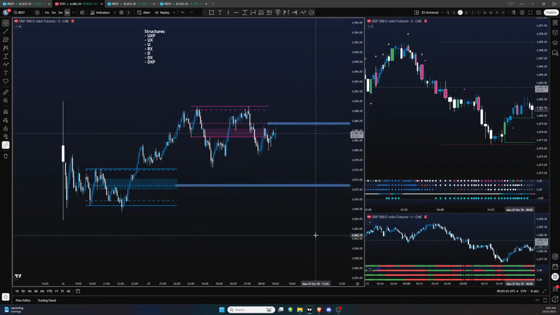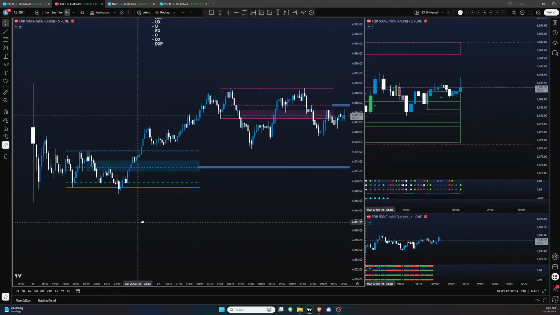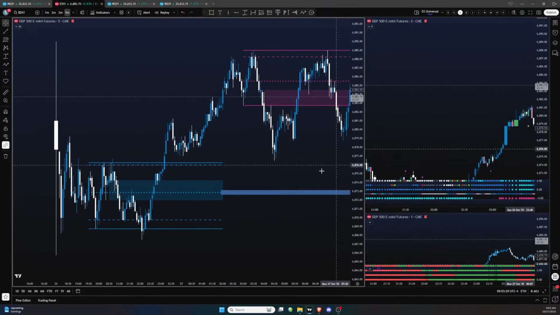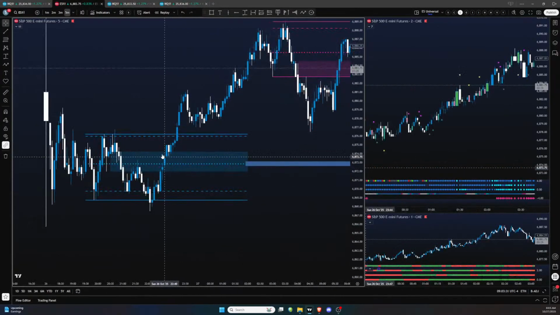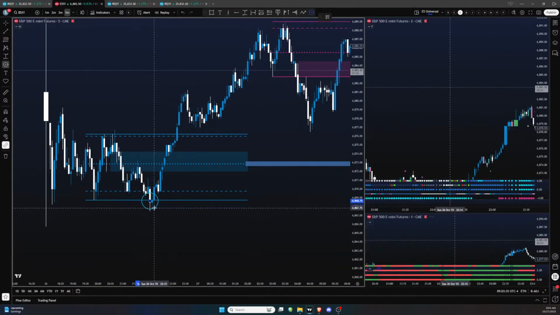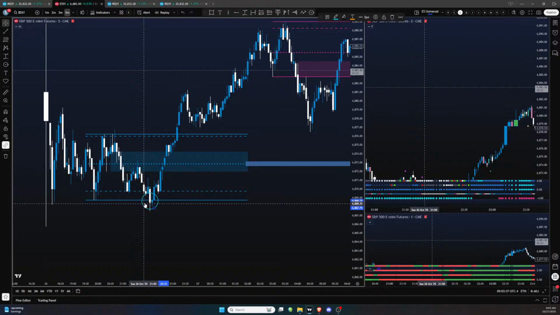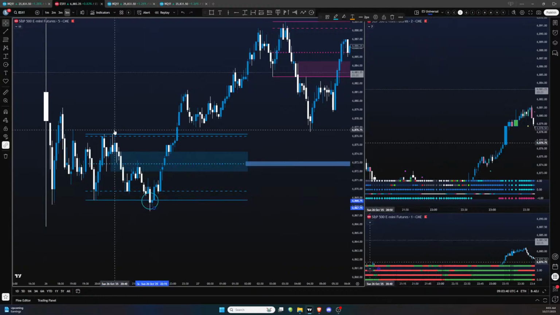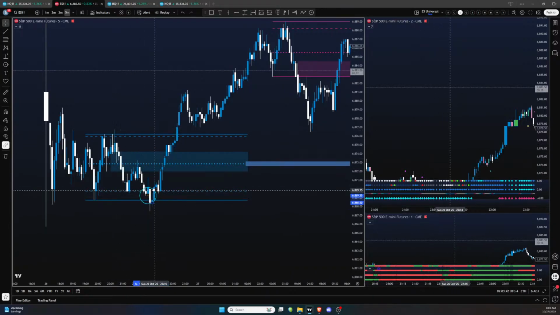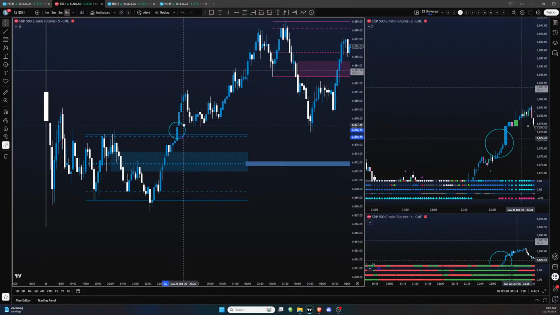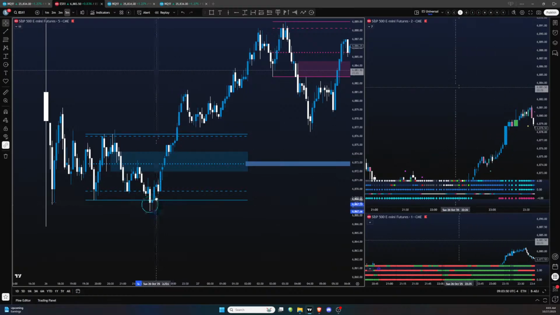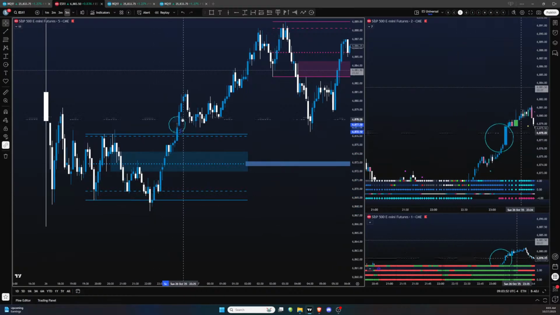Okay. This is an interesting one. If we kind of zoom in here to our ADR session, let me bring up a circle. You can see right here, we also have a short confirmation. That was the first one. This doesn't count because we didn't close. This is a short confirmation, but then we crossed the other side as well. And so this is still short confirmation, but we call this a false day.